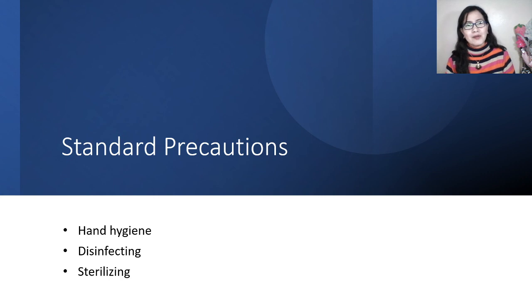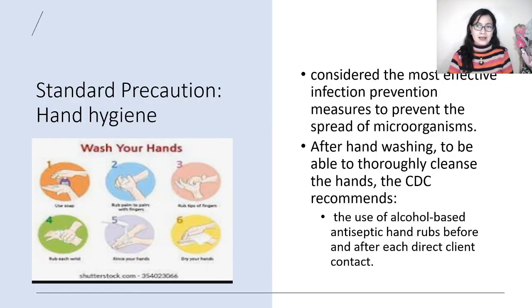Let's now move to the standard precautions. Here, let's discuss hand hygiene, disinfecting, and sterilizing. Hand hygiene is considered the most effective infection prevention measure that prevents the spread of microorganisms. As we've been told, to prevent COVID-19, everyone must practice hand hygiene as a means of protection.